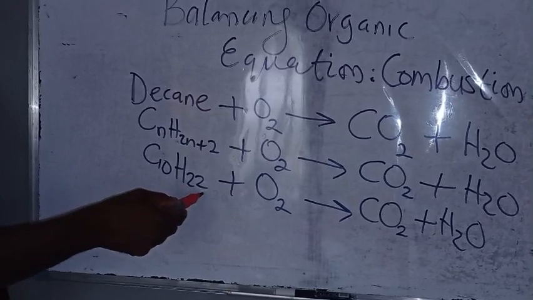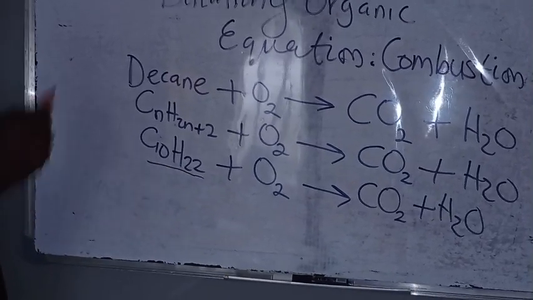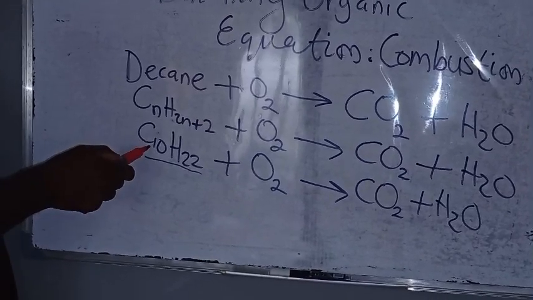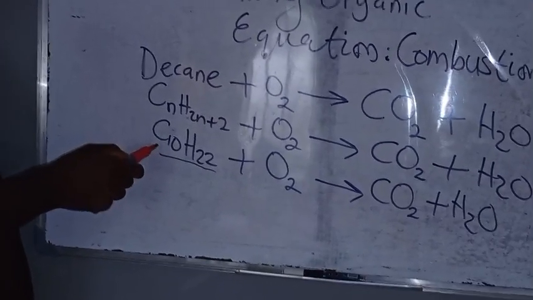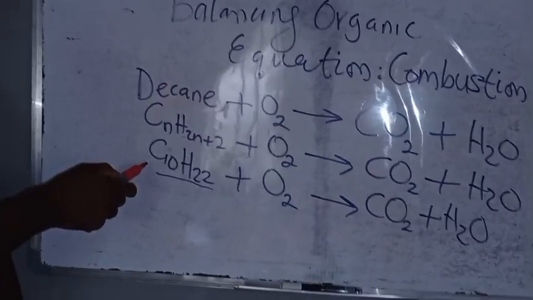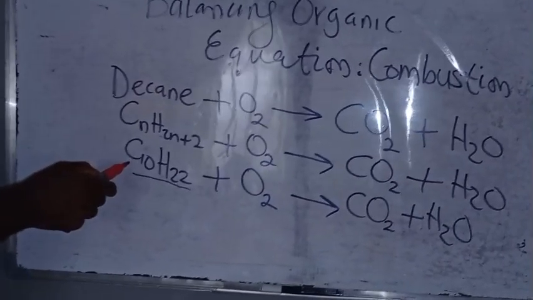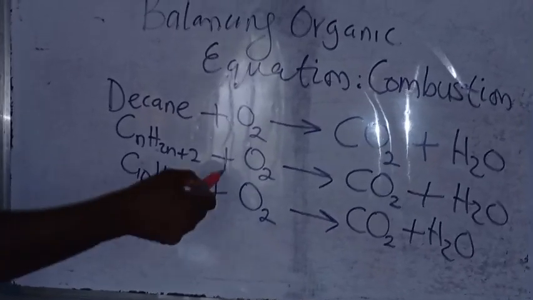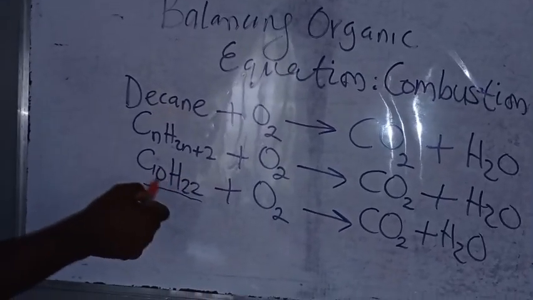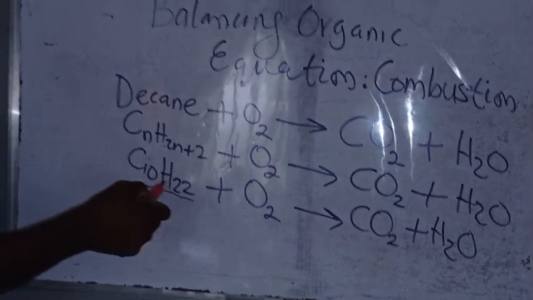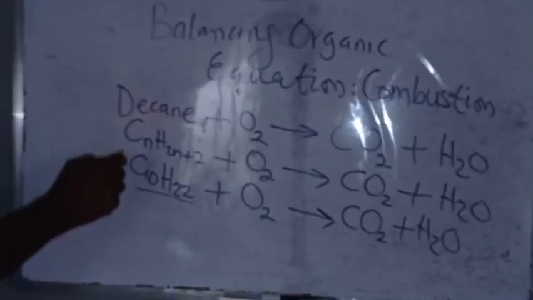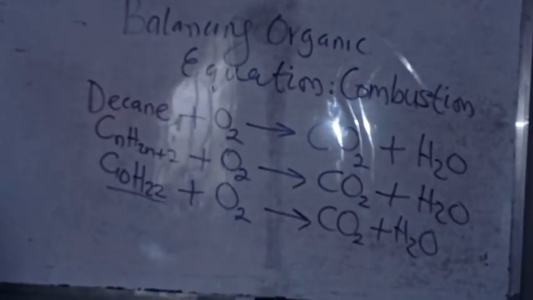The hydrocarbon in this case is decane. The carbon content is 10. Don't forget that when you are balancing a chemical equation, you can only put a number, which is called a stoichiometric coefficient, before the compound. You cannot remove anything. You cannot change or modify any of this. You can only put a value to balance.